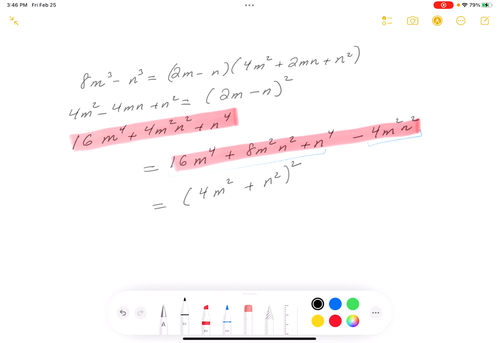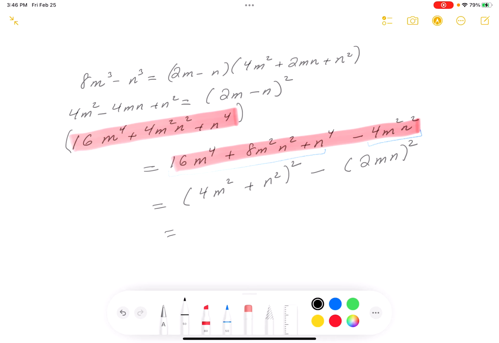Let's just go through that. I get 16m^4, and then 4 and 4 is 8 m squared n squared, and then you get n^4. And over here, this is also a perfect square. What is it going to be? 2mn squared. Now, why did I do that? So I could factor it, right? That's my whole point. Now, by the way, someone could be rather flippant and say, oh, just put parentheses on it and it's factored.